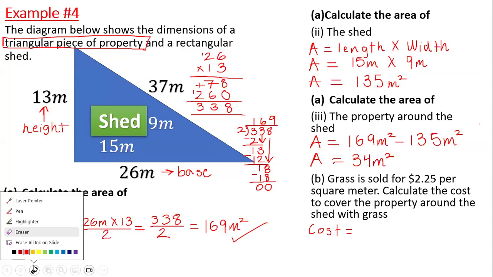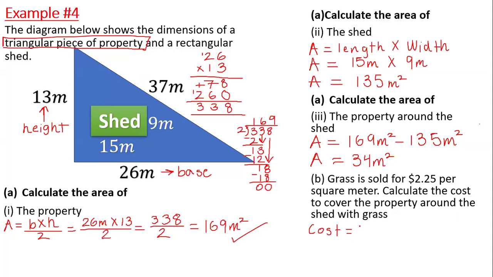We should be able to multiply, right? 2.25 multiplied by what? 34. That gives us $76 and what? 50 cents.